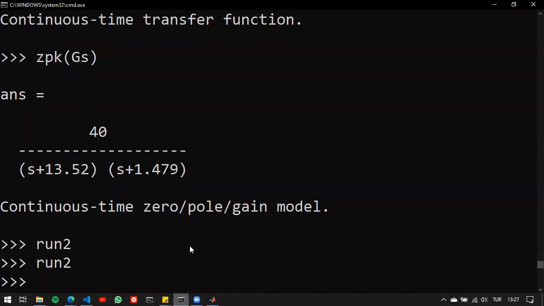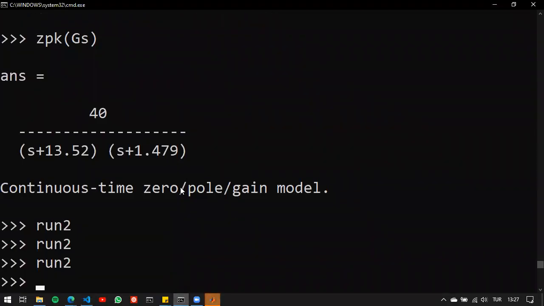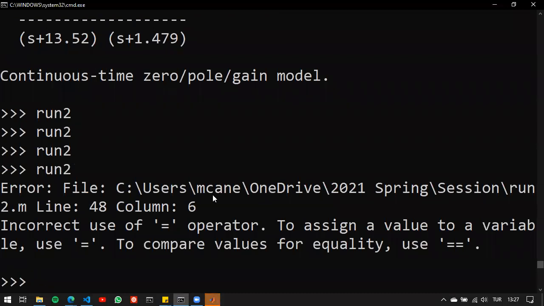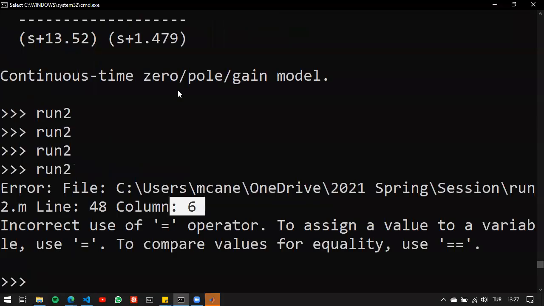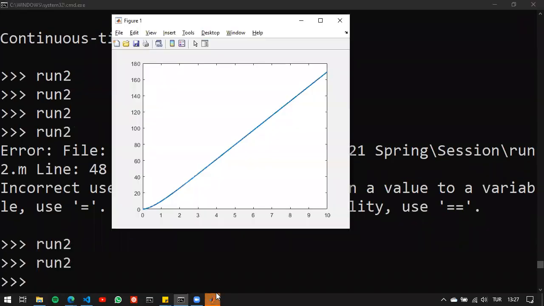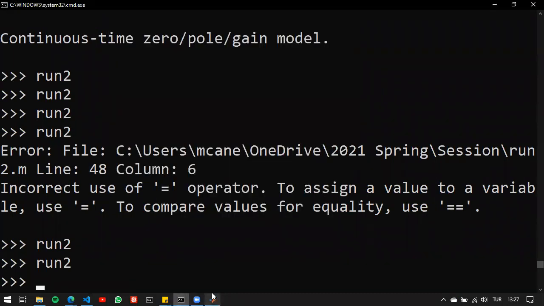Now let's first run this to see if we have a problem. Seems like it. Line 48. Of course, this is just a comment. This here. So let's see.